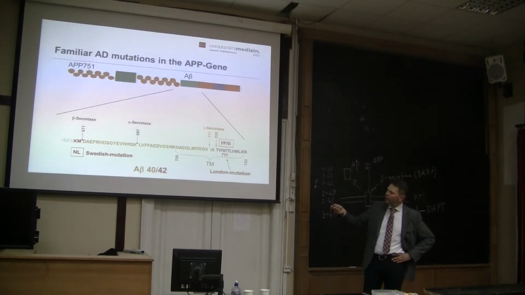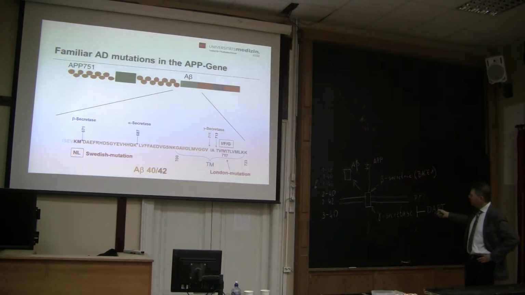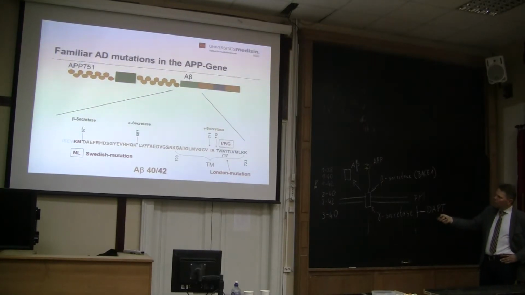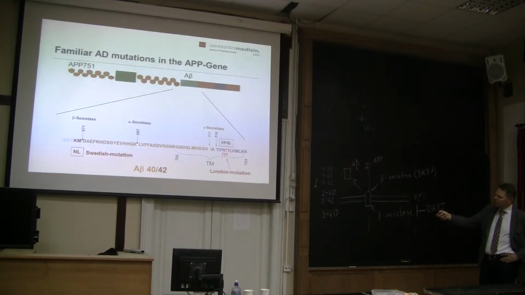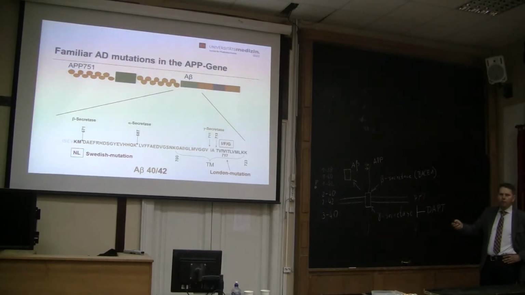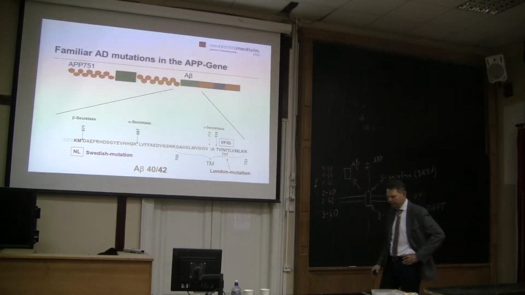So the substrate binds better to beta secretase, to BACE basically, and you will generate more Aβ peptides through BACE. Or we have a London mutation back here. When this mutation is there, it doesn't touch BACE at all. It just touches gamma secretase, and you have more Aβ-42 peptides, and you die at 35. Right? These were the familial Alzheimer mutations I've introduced to you yesterday.